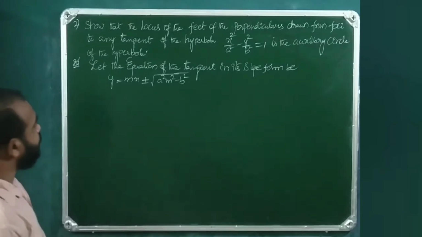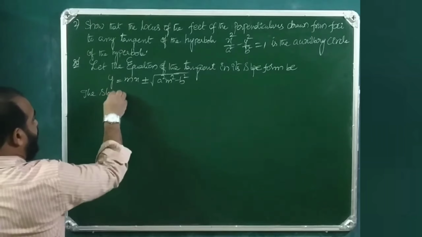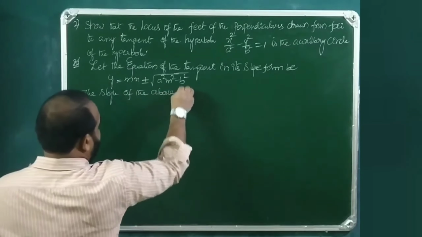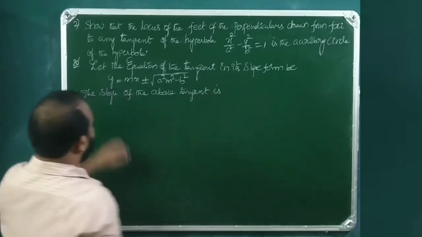So, the slope of the above tangent is m.